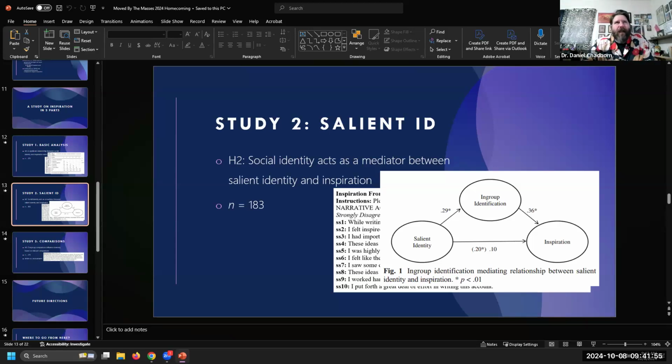The idea of salient identity is that it is primed. It does come to our mind, so any time in a person's day-to-day life that identity is made salient or evoked, we should expect to see these boosts anyway.